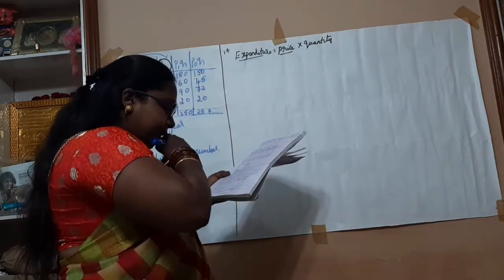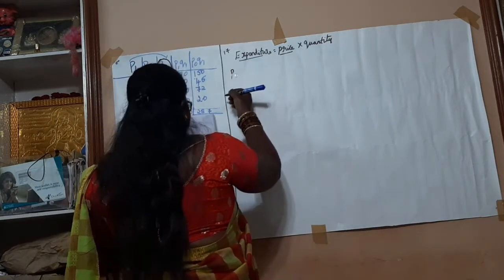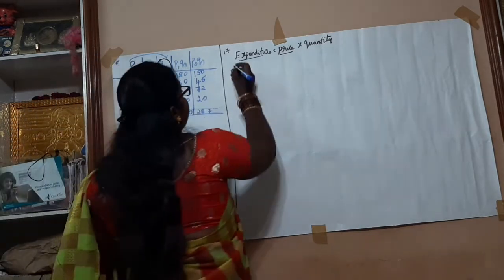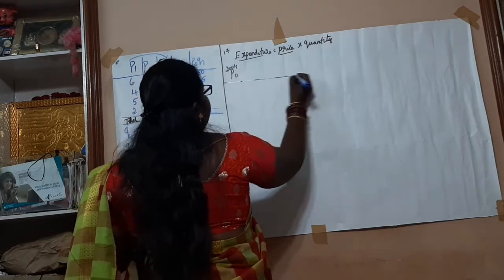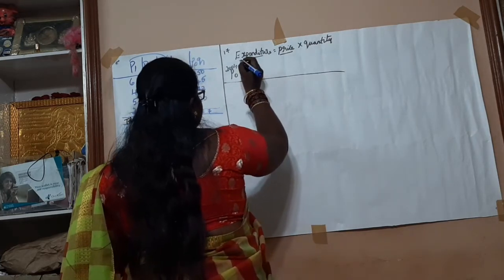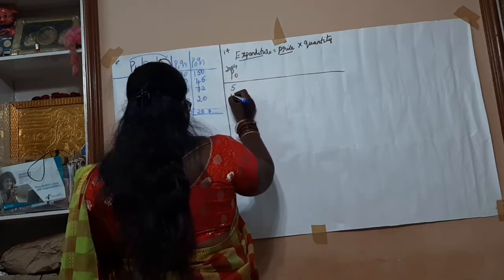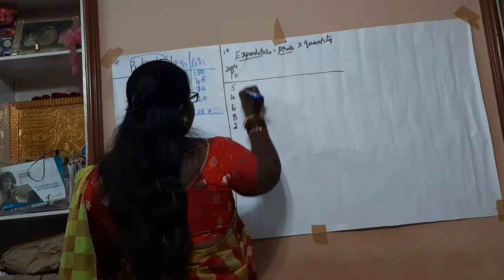Now first we will take the data given. P0, that is the price in 2004, I will take 5, 4, 6, 8, 2.